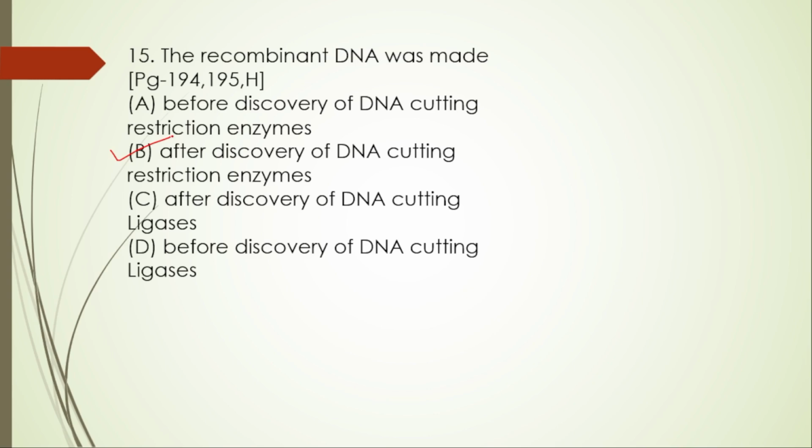Okay. And restriction enzyme is also called molecular scissors, the discovery that made this cutting of the DNA possible. The first recombinant DNA molecule was created in the year 1972. Just now I said about that, by Cohen and Boyer, isn't it?